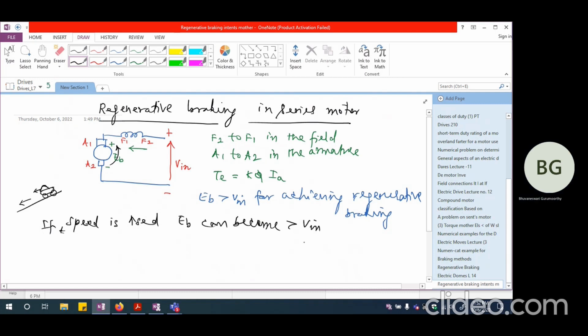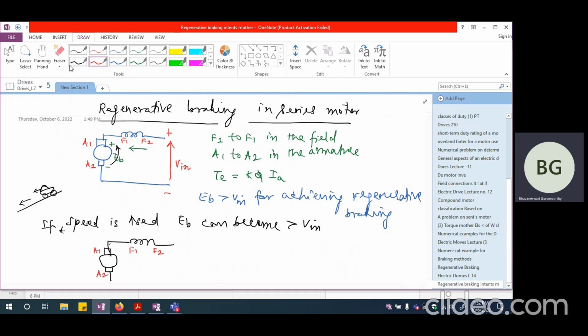So if this becomes greater than V in, now let me just draw this once again. I'm going to have this as the armature and I'm going to have this as the field, and this is F1 and F2, and this is going to be A1 and A2, and EB is going to become greater than VA.